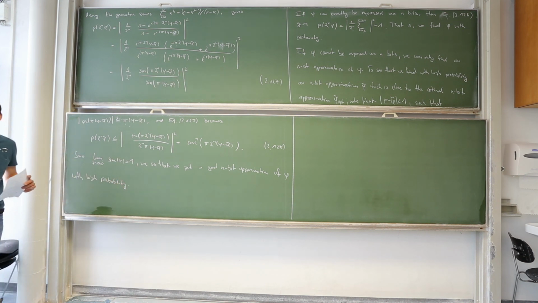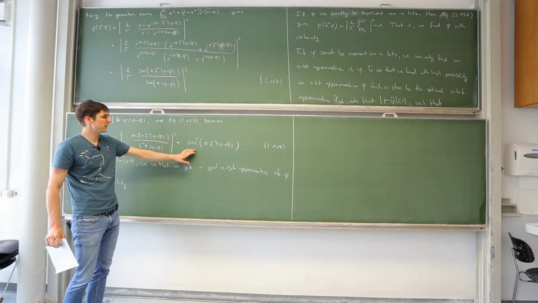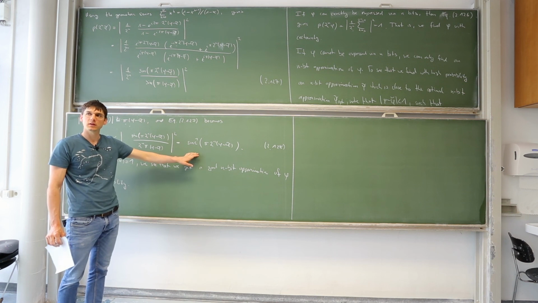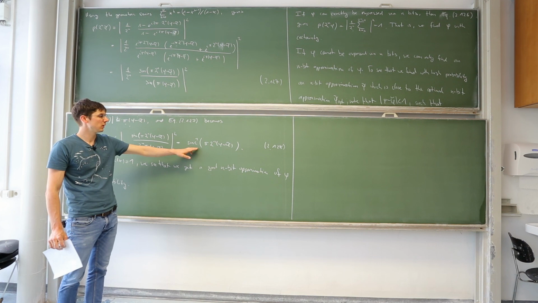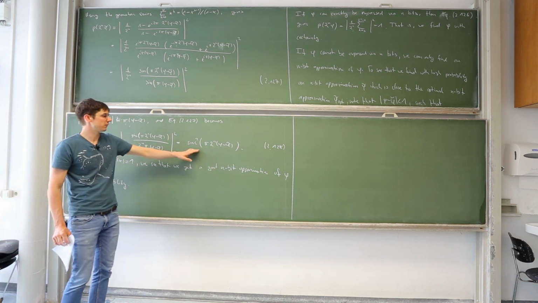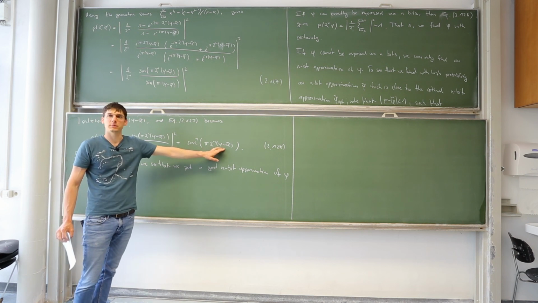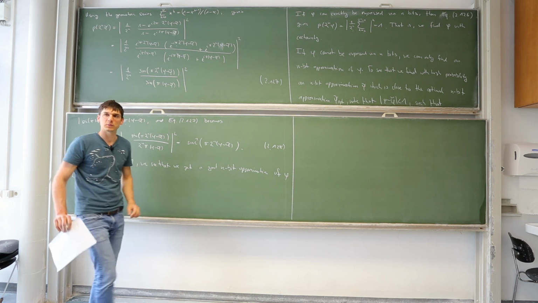Okay, so this is a nice way to see that it must be true, right? Because what we get out is well approximated by the sinc function. And you know the sinc function has a very high peak at 0, and this means that we have with very high probability an approximation. So phi tilde is a good approximation of phi with high probability.